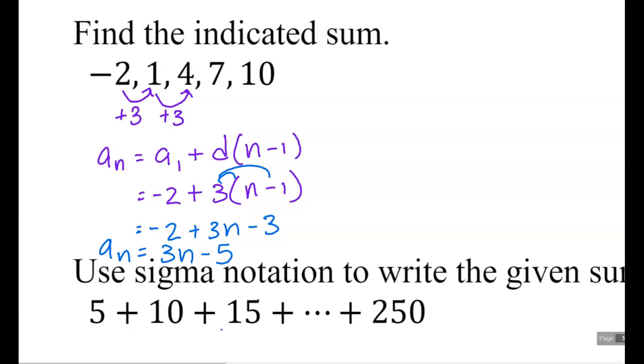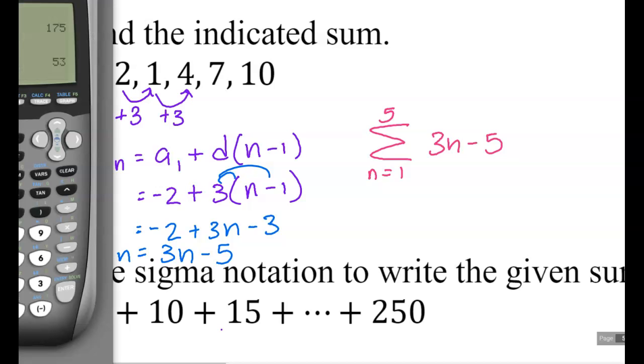So when I'm writing my series, I'm going from term 1 to term number 5. And my definition is a sub n is 3n minus 5. And then either you can just take these 5 numbers and quickly add them in your head, or you can use your calculator and enter this in.